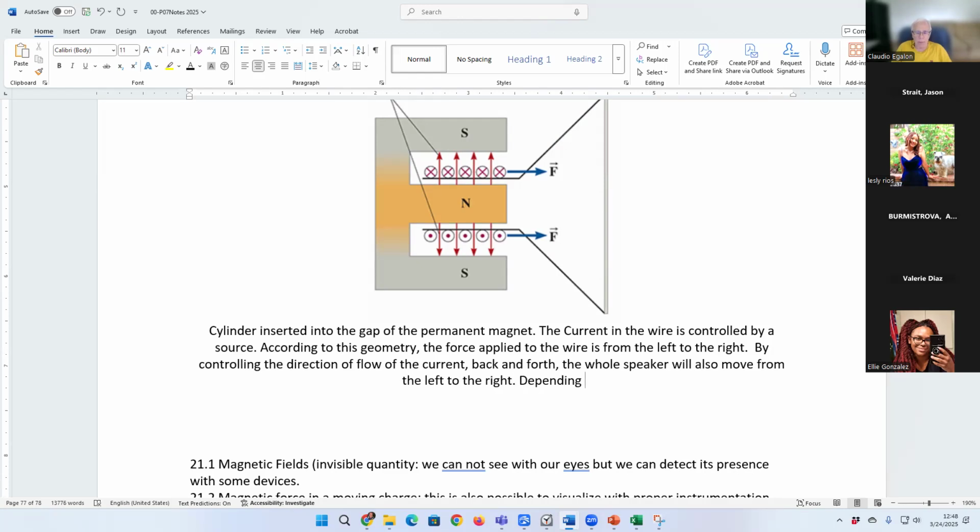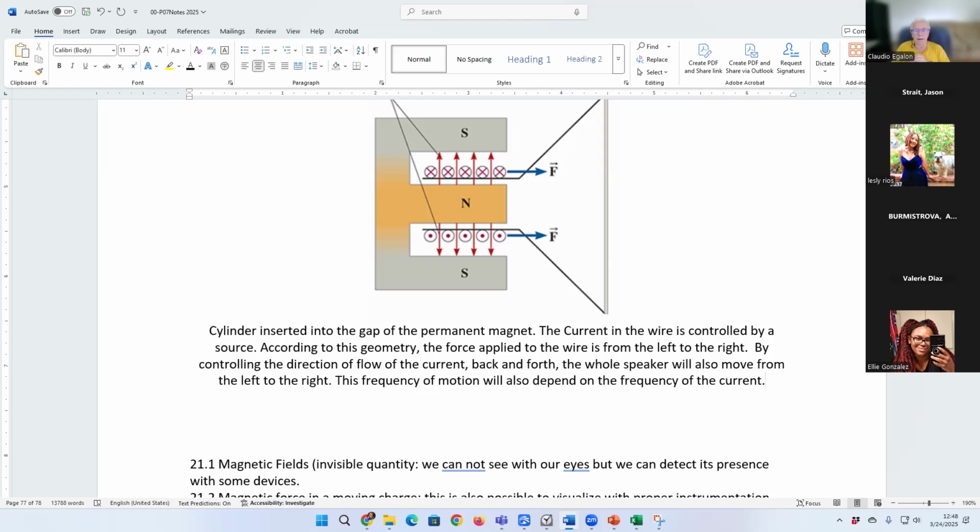Depending on the frequency of motion, this frequency of motion will also depend on the frequency of the current.